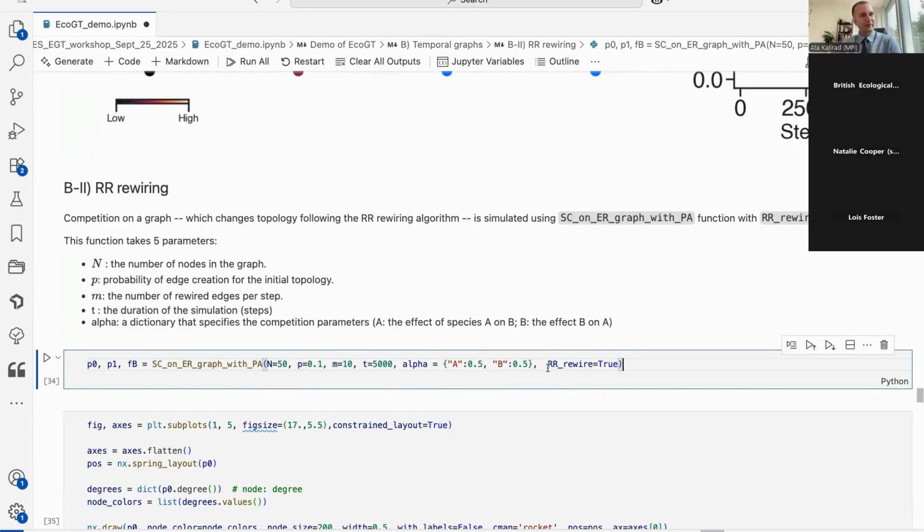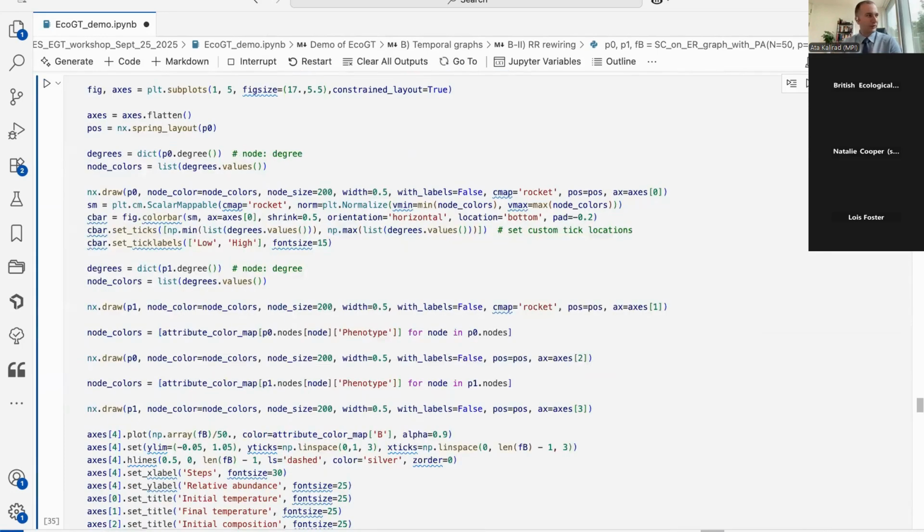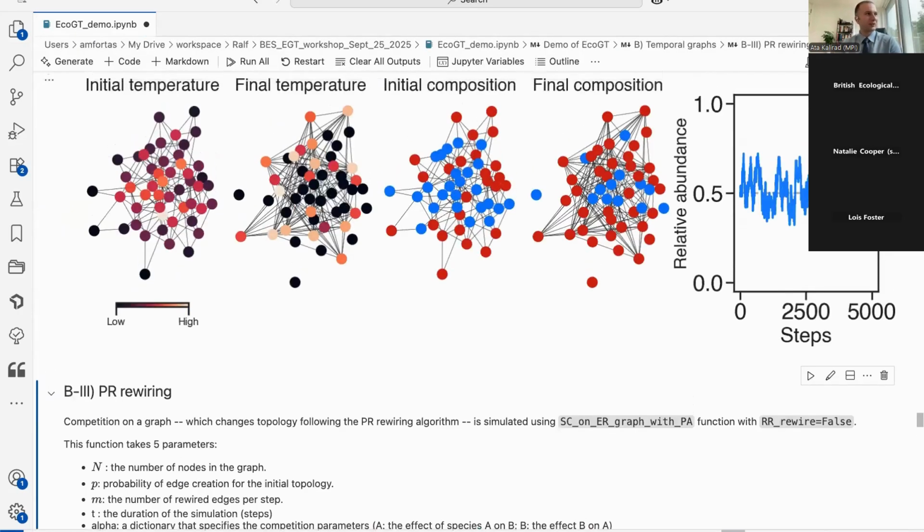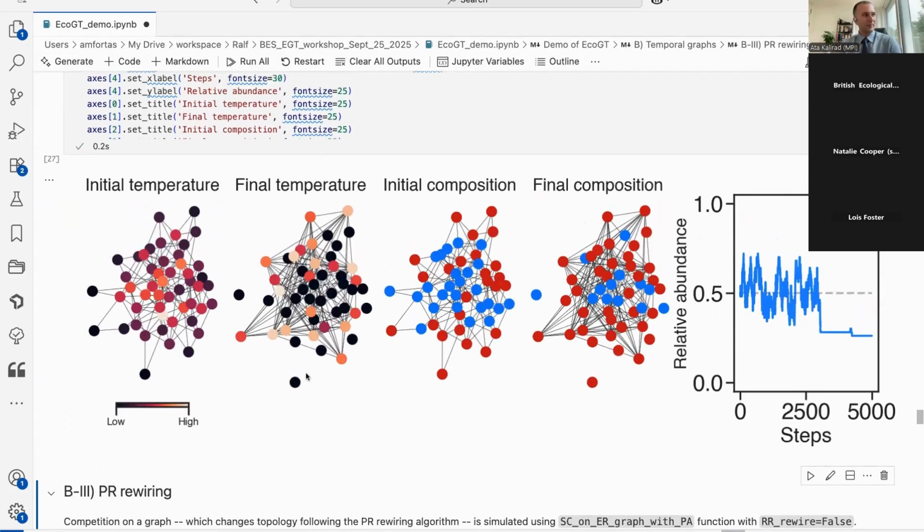If you set this parameter, RR rewire, for rich gets richer rewire, as true, it would just do it as rich gets richer. We can simulate that as also a very quick simulation. And as you can see, in this case you get something very expected: in this graph, some of the nodes end up being not connected.